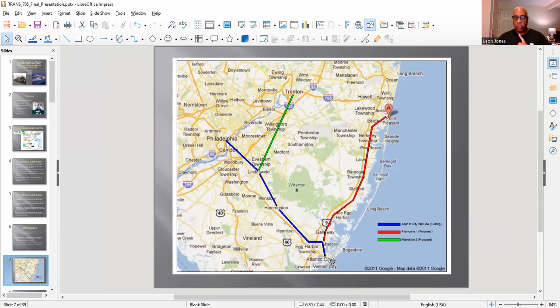That's alternative 1. Alternative 2, a line from Trenton to Linwood, and then you would transfer from Linwood all the way down to Absecon, then to Atlantic City.